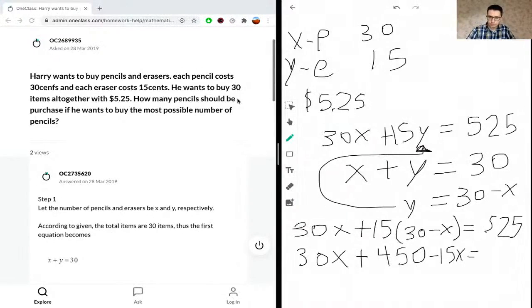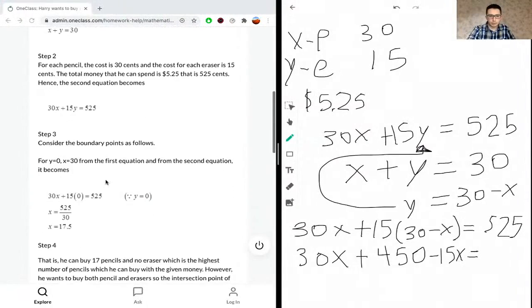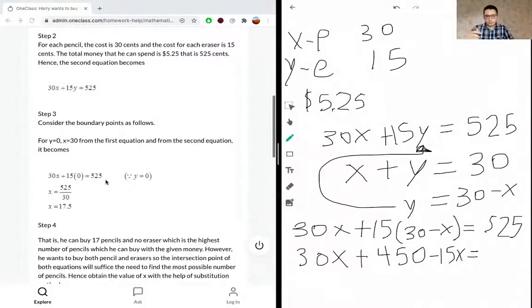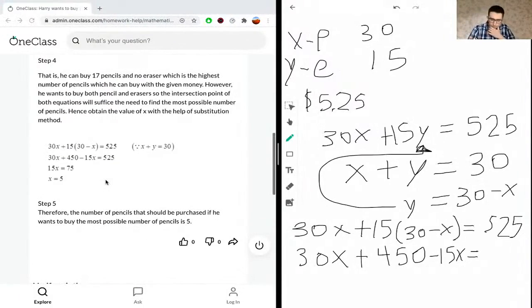So I'll just double check this over here. So solving for this, we get 525 on the right side. We'll go one more step, so we'll subtract 30x minus 15x. This gives us 15x. And then 525 subtract 450 is just 75.